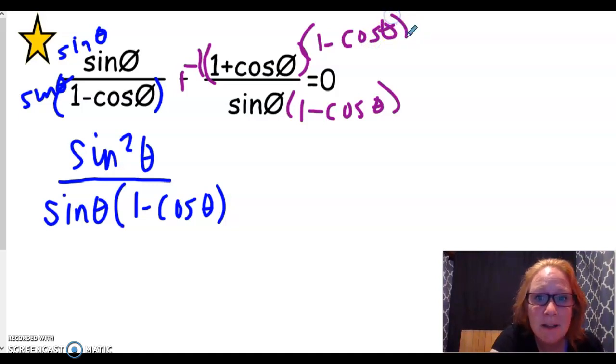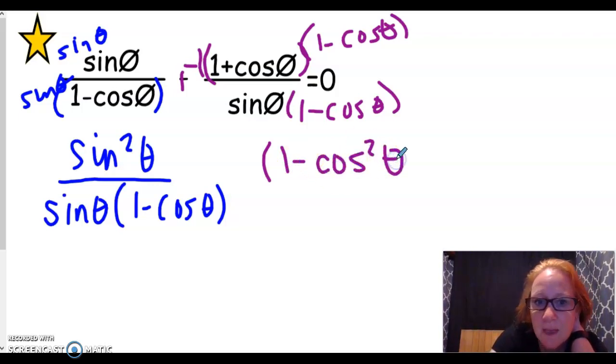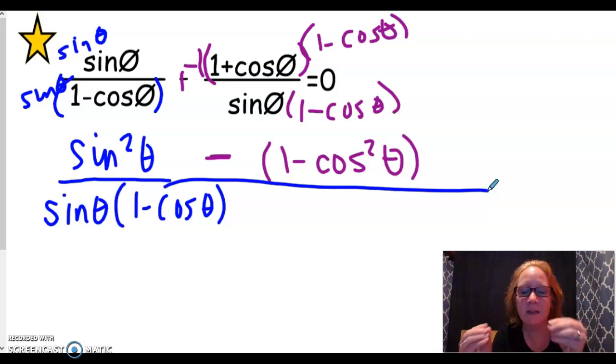Now that's a difference of squares. So 1 plus c times 1 minus c gives me on the top 1 minus cosine squared theta. But just so we know, there's a minus in the middle. That's going to be important. And all of this can be over that, I can put it together because the bottom is now the same.